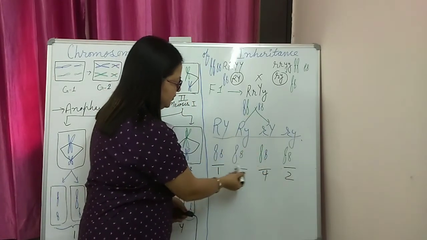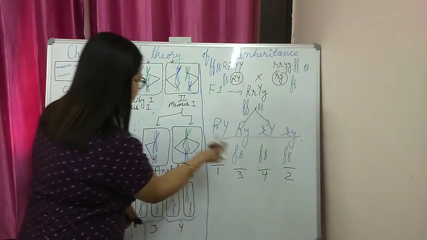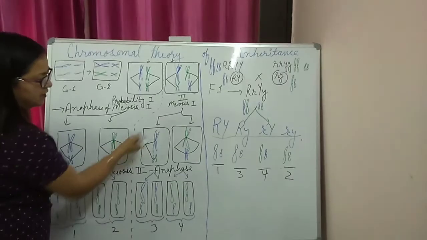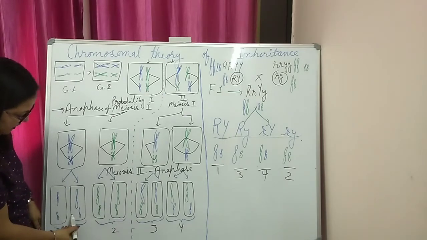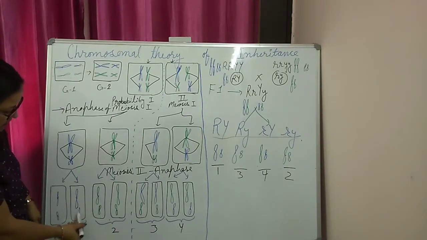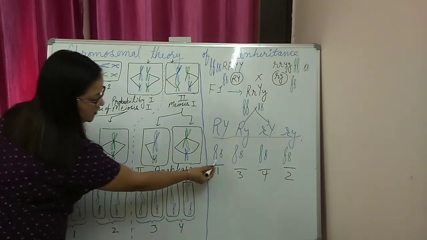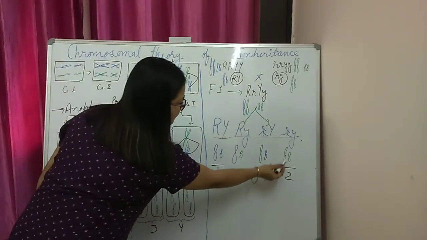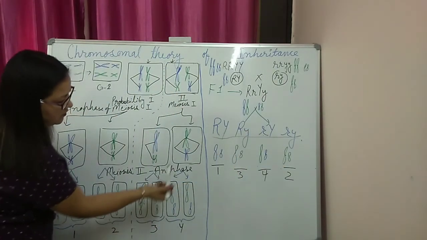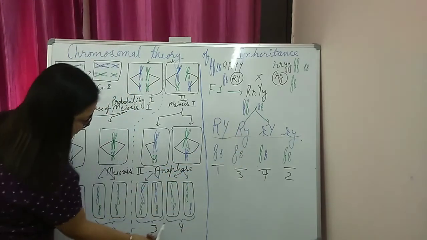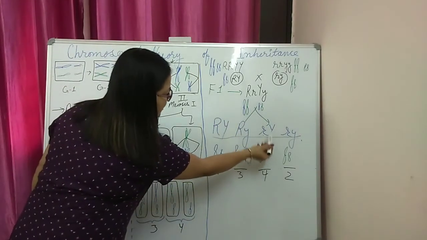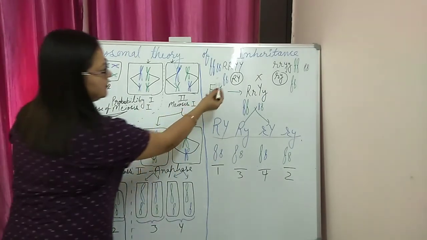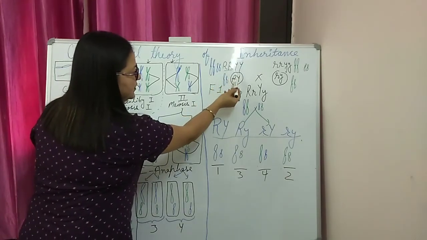So we have these different probabilities of gametes, and I explained the same by the movement of chromosomes, taking these 2 different probabilities of arrangement, and we get gametes with these combinations of chromosomes. Number 1 is similar to capital R capital Y. Number 2 is similar to small r small y. Number 3 is similar to capital R small y, and number 4 is similar to small r capital Y. In this way, by the movement of chromosomes, Sutton and Boveri explained the segregation of factors at the time of gamete formation.